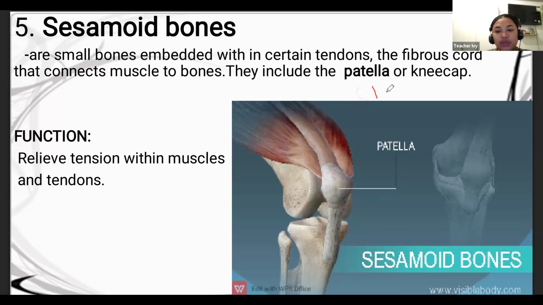Now, if the tendon is the one that connects muscle to bone, what about the type of connective tissue that connects bone to bone? What do you call the connective tissue that connects bone to bone? Anyone in the class who knows the type of connective tissue that connects bone to bone together?